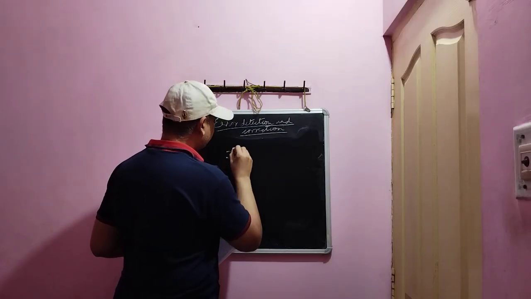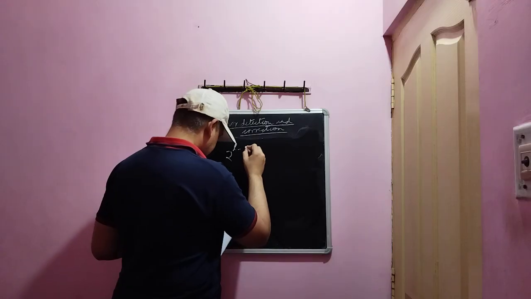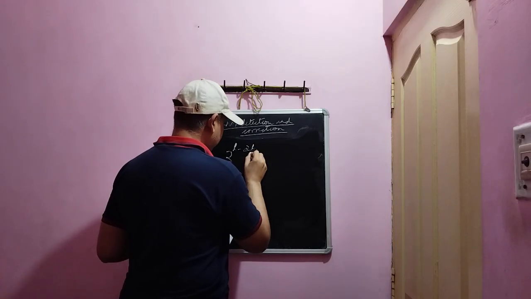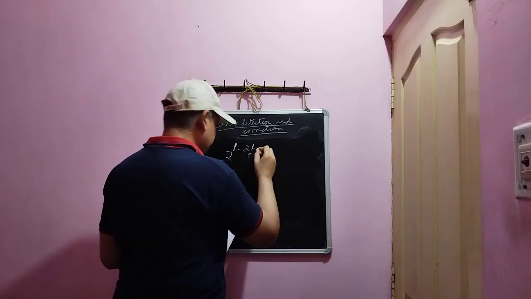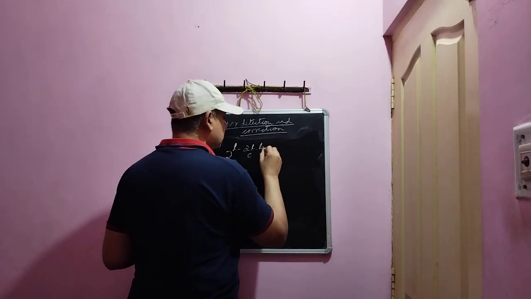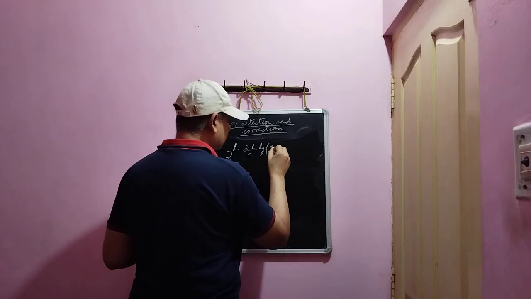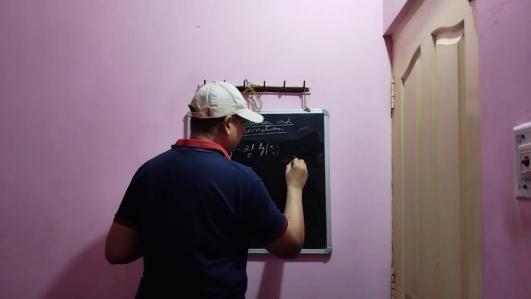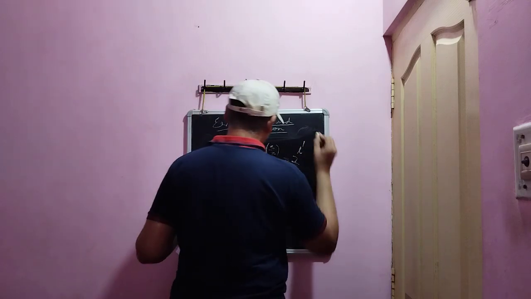Therefore, we have 2 power L minus 2L by E log of E by 2 greater than or equal to 2 power L dash.